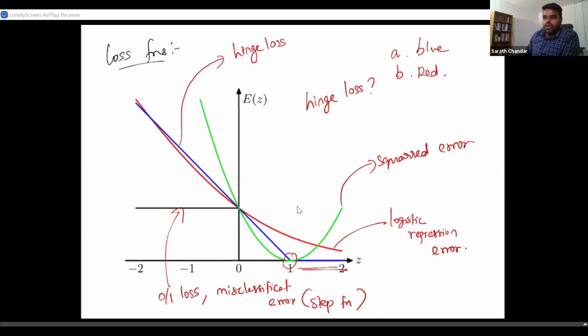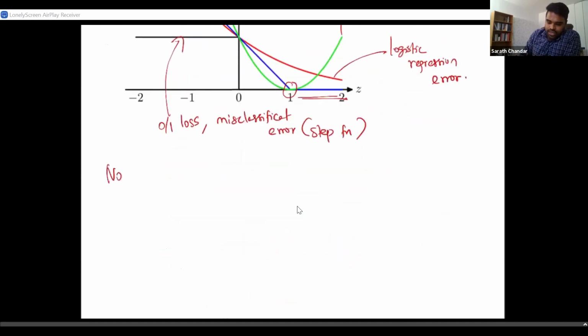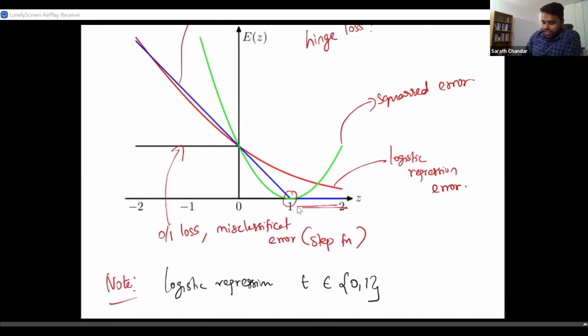Now, if you remember our discussion on logistic regression, a quick note: in the case of logistic regression, we were using the target variables to be 0 and 1, right? On the other hand, in the case of SVM, we are using the target values to be -1, 1.